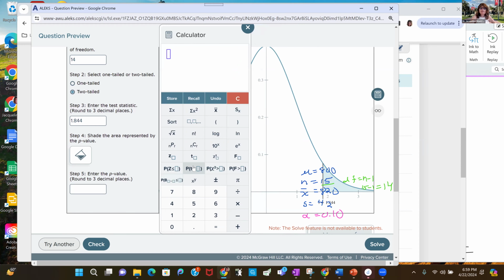So look at the button in Alex. This gives us the area to the right of a t-value, okay? So you want to go to the right of the positive 1.844 with 14 degrees of freedom, and then take twice that, right? Because you've got half in the right tail, half in the left tail.